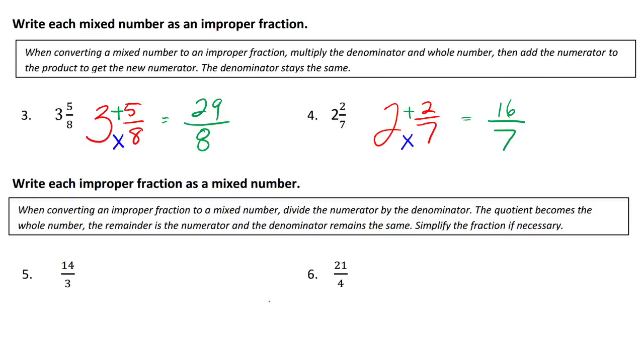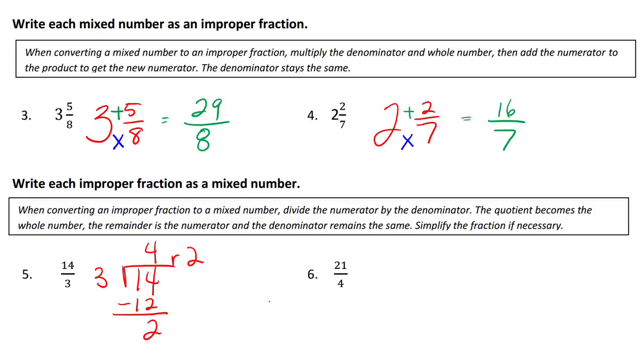So now in problems number 5 and 6, it says we need to write the improper fraction as a mixed number. When we do this, we can set up long division to help us out. We can say that 3 goes into 14 4 times, and we know that there is a remainder of 2.